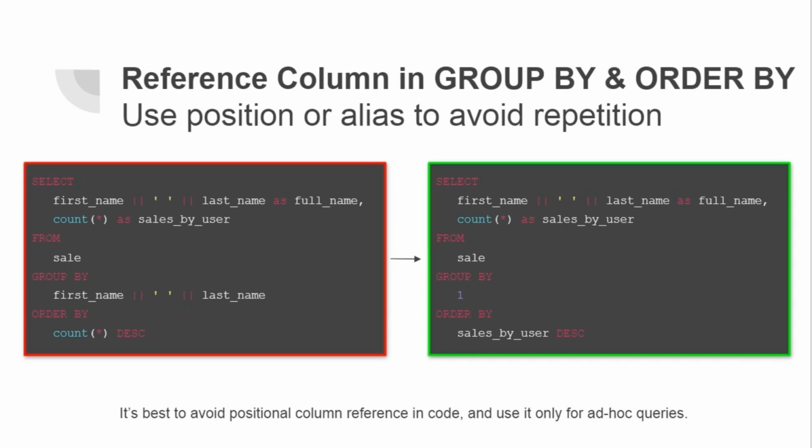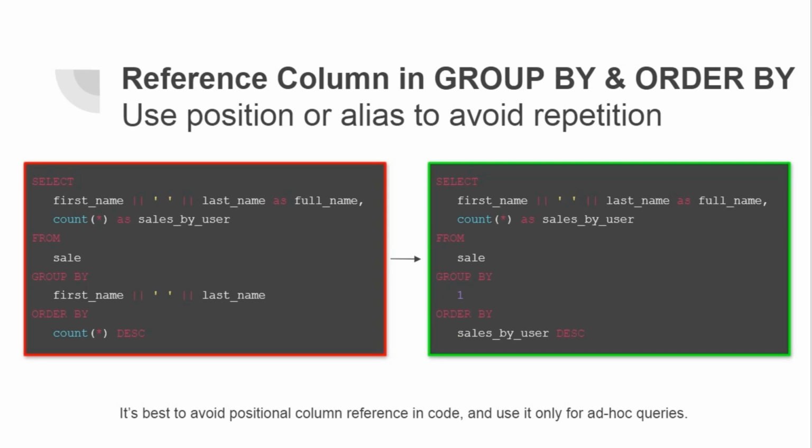So next, this is a tip that you need to be careful with, but I'm going to share it anyway. Once again, in this sense of keeping things DRY and not repeating yourself, you can reference column position in group by and order by, or use the alias.